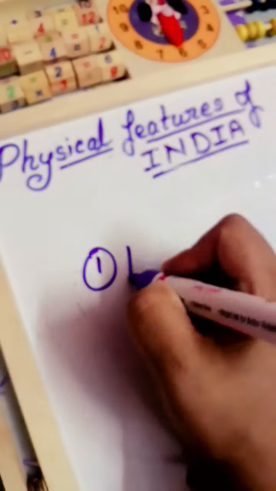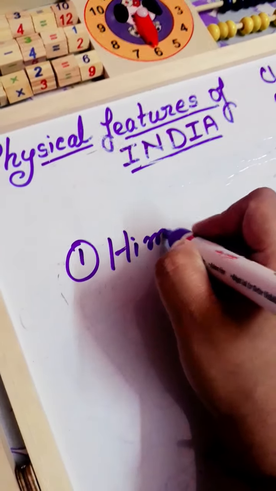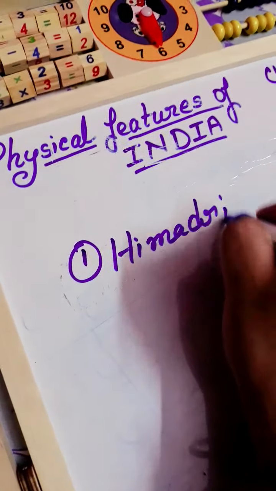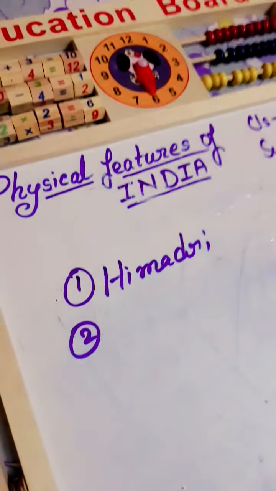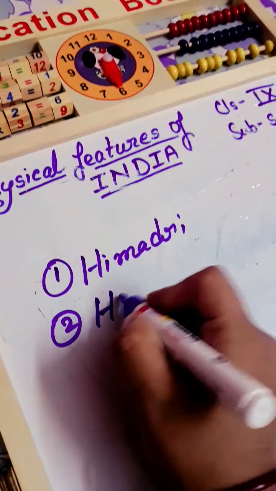Number 1, it is known as Himadri. Number 2, it is known as Himachal.